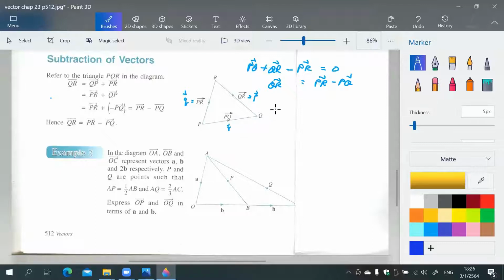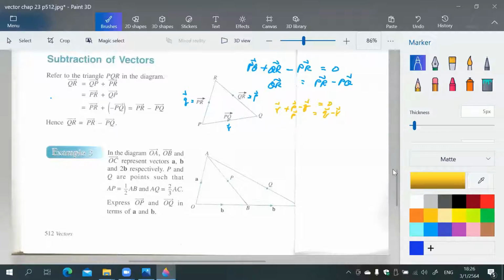You're gonna have vector r plus p minus q equals 0, because q is the opposite side. Then if you want to find vector p, say you want to find QR, this vector p equals vector q minus vector r. So the same idea. PR is vector q. Either way you can write it down.